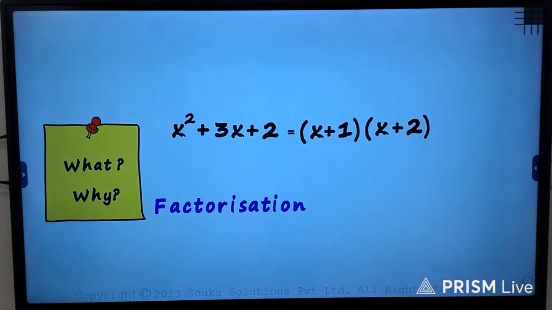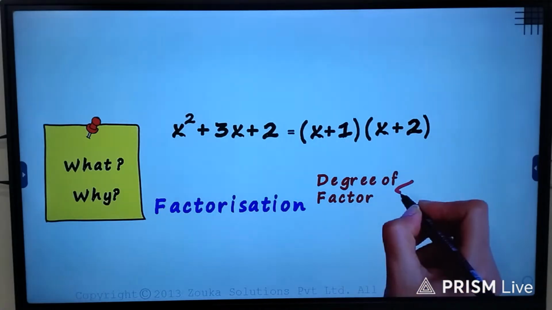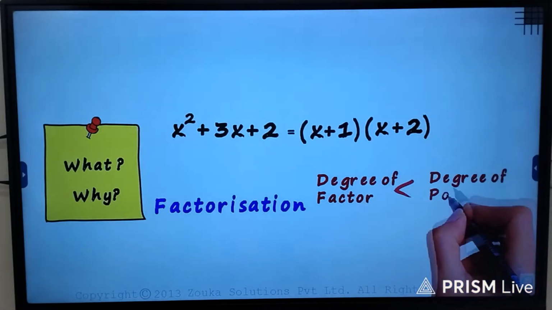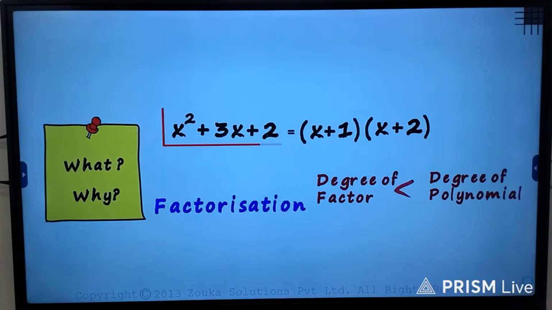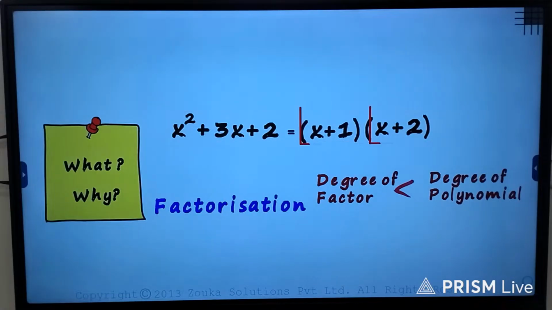How do you know if the polynomial is completely factorized? We just have to know two things. The degree of each factor will be less than the degree of the polynomial. We can see that in this case. It is very much true. Both the factors have degree 1, which is less than that of the polynomial, which has a degree 2.